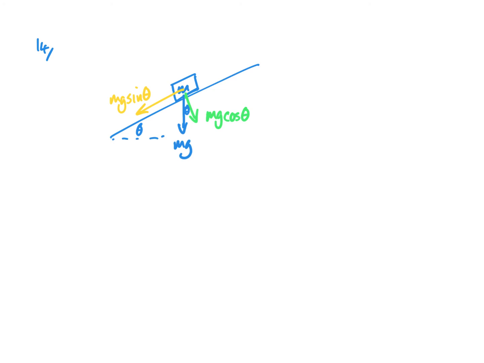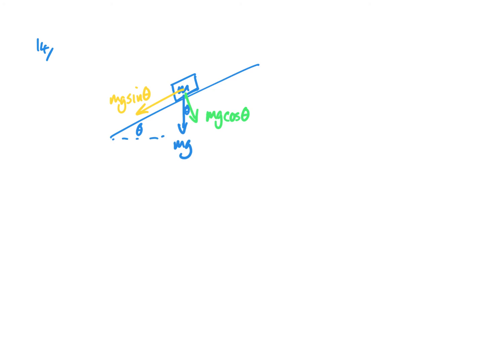And what happens in reality with an object on a slope is that the component that goes into the slope is simply balanced by what we call contact forces with the slope, in the same way that when you stand on the floor it pushes back with the same force you're getting pulled down with. So in the real world, that mg cos theta component just gets cancelled out by a contact force. So basically it doesn't really affect the motion. It's the mg sin theta component which will control your one-dimensional motion up and down the slope.